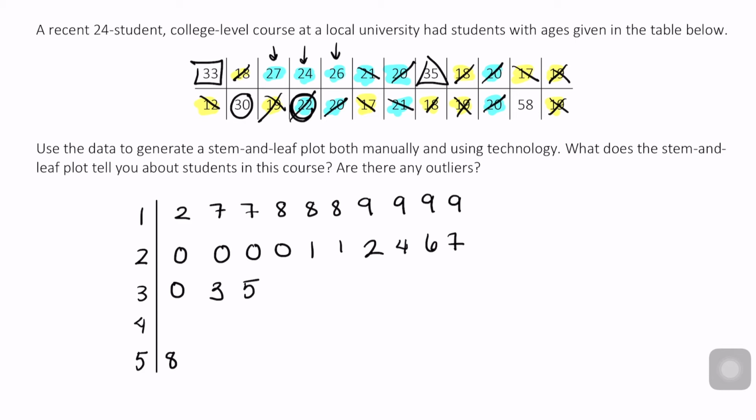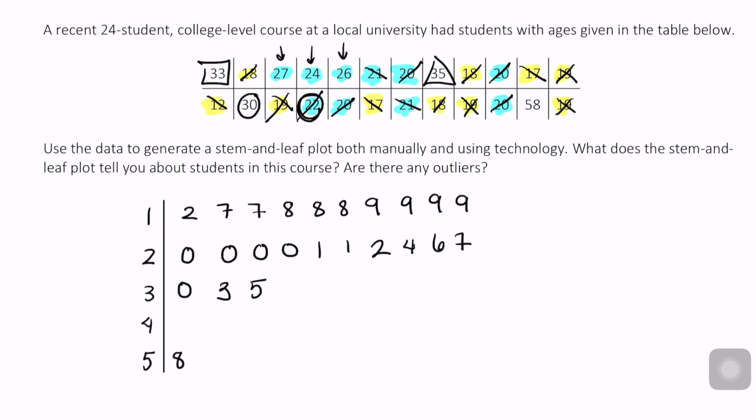To answer our last question, are there any outliers? Well, this makes it really easy to see that this student here, the student that's 58, may actually be an outlier. This class is definitely skewed towards younger ages, so here are the younger students, and here are the older students. Additionally, one problem that could come up is it really is atypical to be 12 years old in a college level course, but that's kind of hidden here because we see all these numbers in their teens, and you might miss the fact that there's a very young student here.